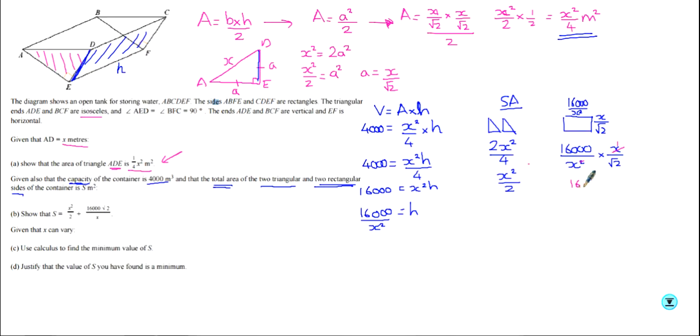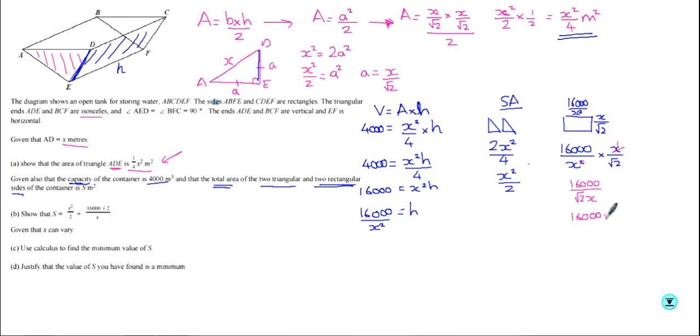So that leaves me with 16,000 over root 2 x. But I've got a surd here on the bottom, so I'm going to want to get rid of that. You can see here there's no surds as a denominator, so let's do that. So we times by root 2 to both.